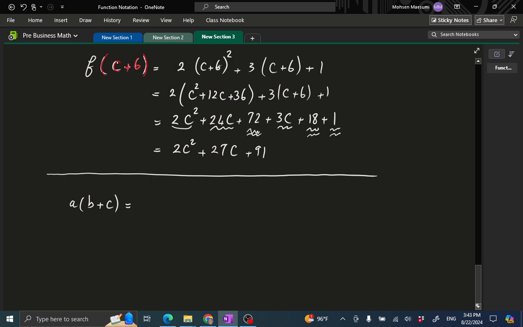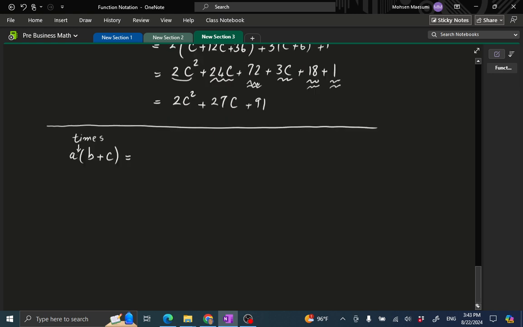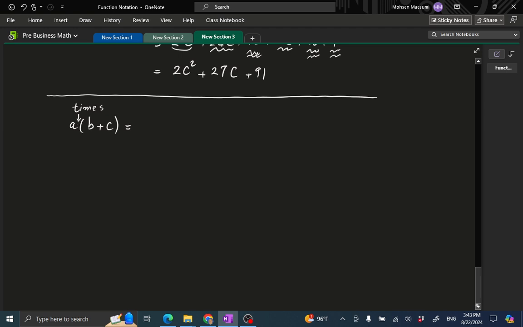What did you understand here? You would have understood this is a times. So here, what you had in middle school was a times b plus c. And then you say, well, a times b plus a times c. That was your distributive law.